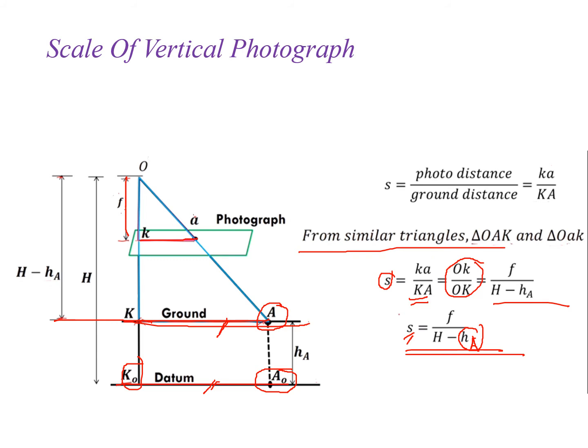Usually you also know at what altitude you are flying the aircraft, and f is the focal length, which the manufacturer usually gives as the value for the camera.